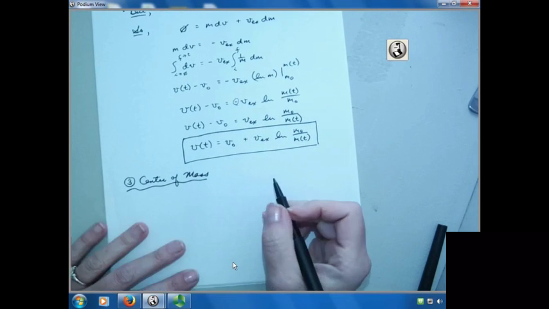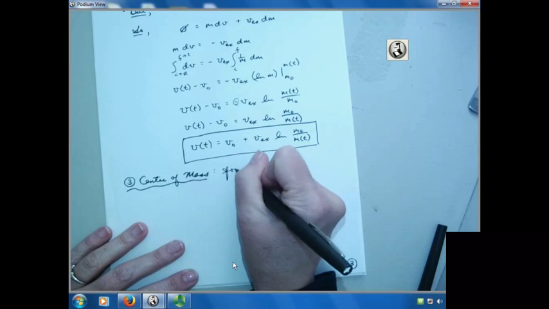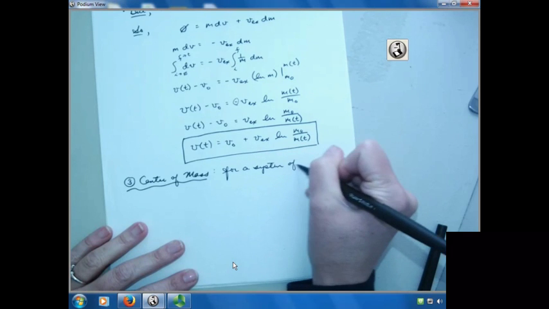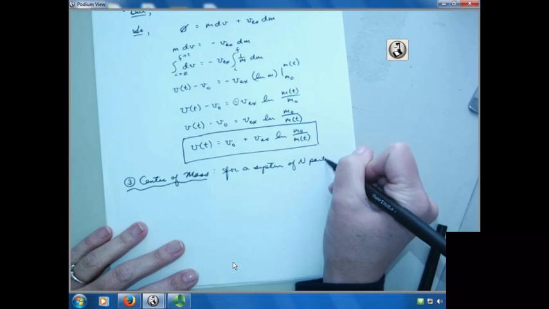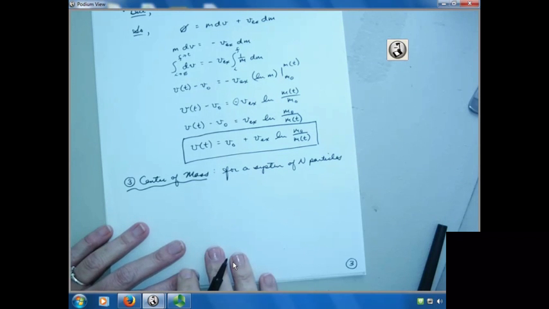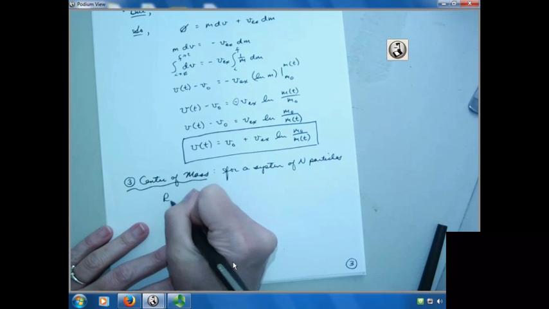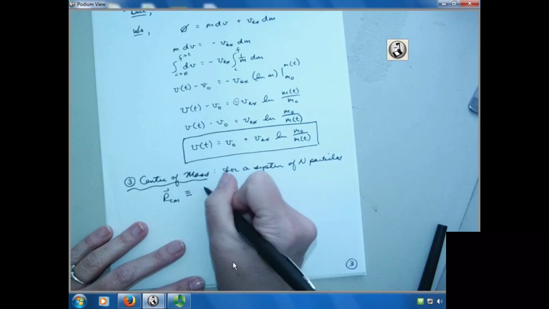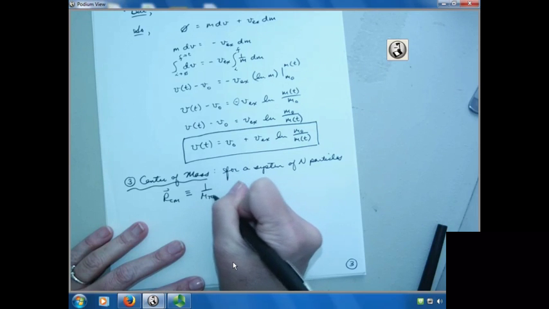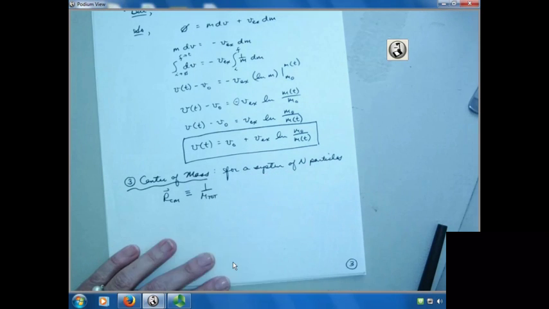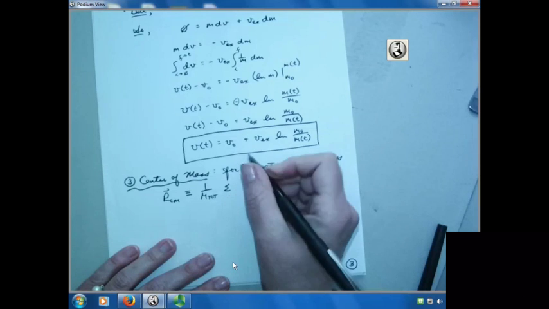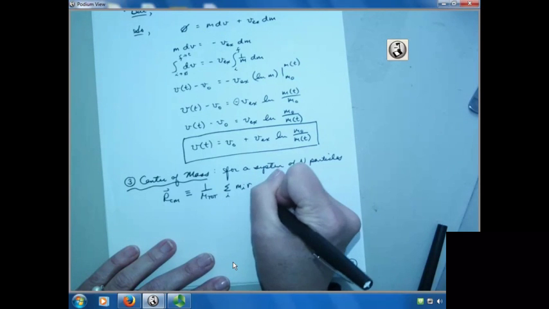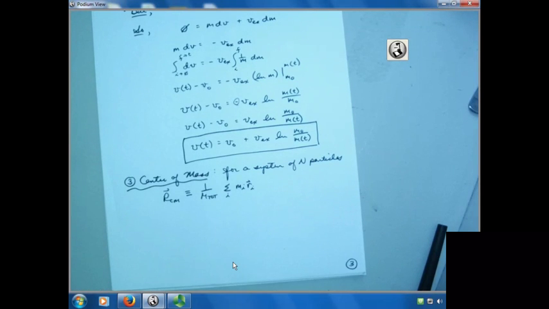Okay, so again, we're going to talk about the case where I have a system of n particles. In that case, the location of the center of mass will be defined as 1 over the total mass of my system times the sum of i equals 1 to n of m sub i r sub i, where r sub i is the location of the ith particle.